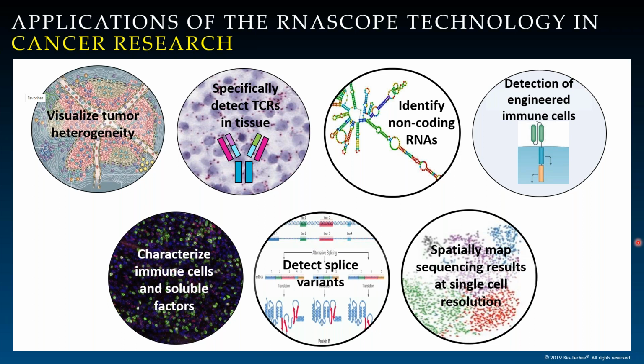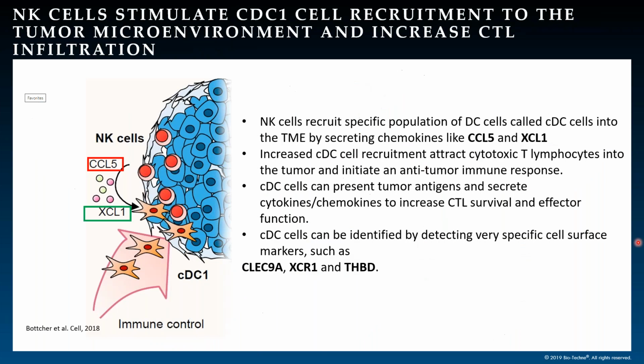So with this broad application in cancer research, I want to start with helping you understand how this really sensitive technology can help identify and characterize specialized immune cells. So in this project, we wanted to visualize specialized immune cells like NK and DC cells, mainly to show the correlation of NK cells with conventional DC cells 1.